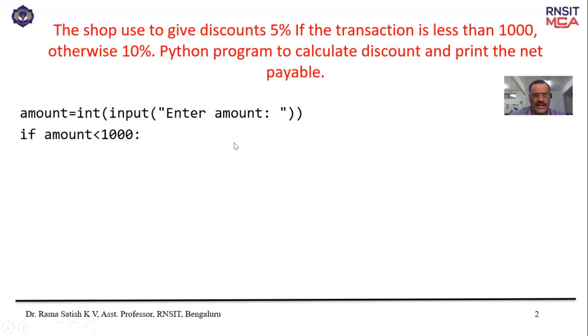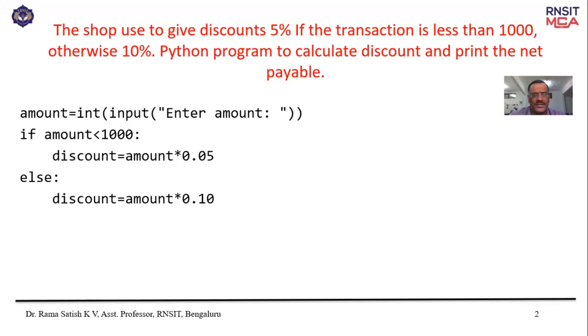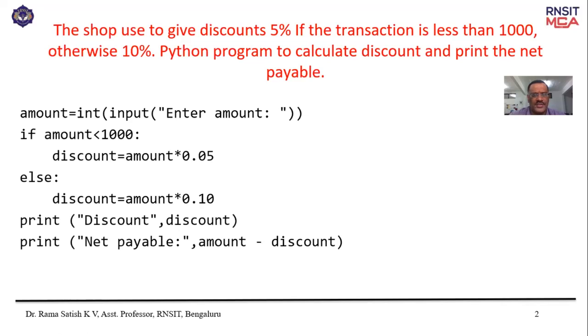So you calculate discount is equal to amount into 0.05. That is 5%. Else, discount is equal to 10%. Very simple. Finally, you display the discount is so and so, net payable is so and so. Very simple program.